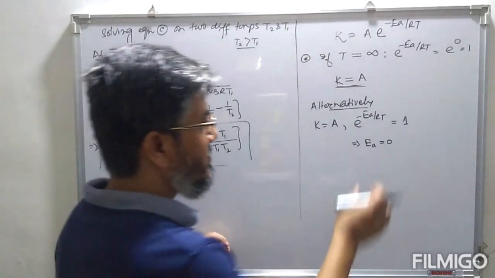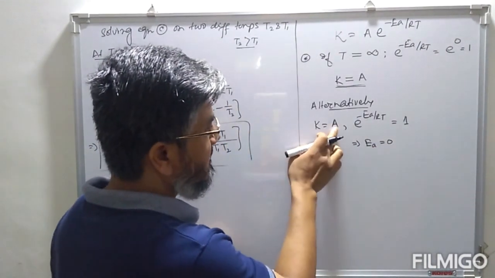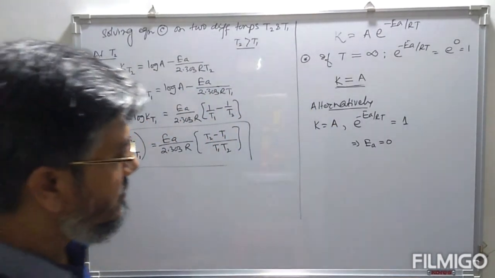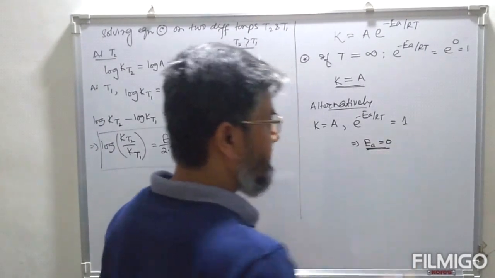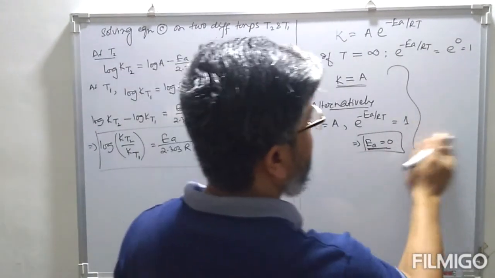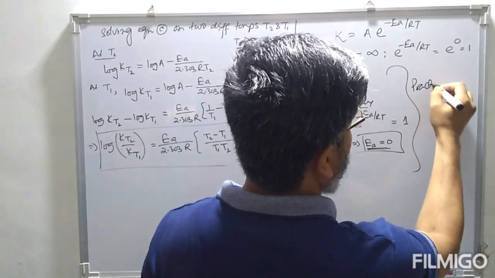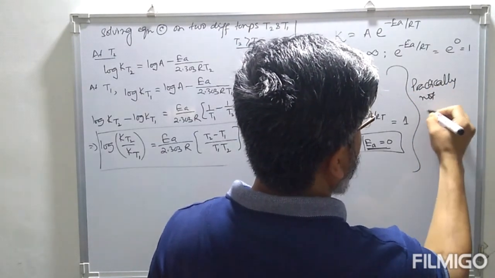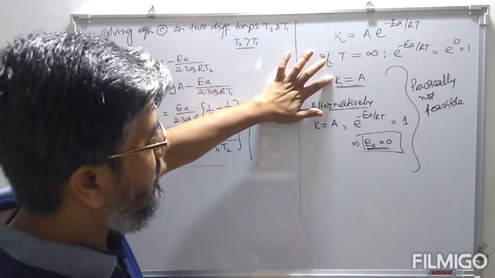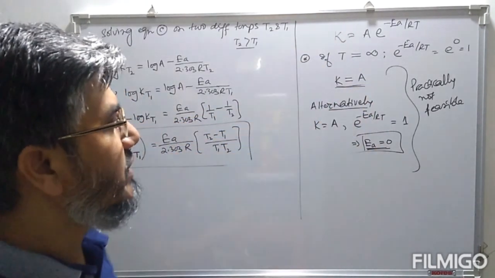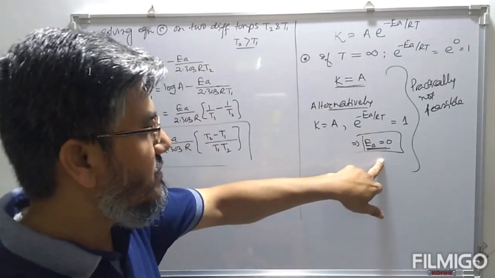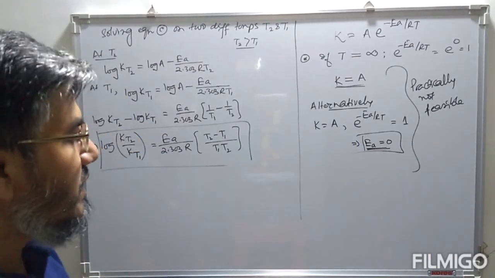That means if the activation energy of the reaction is 0, then also we can say the rate constant k is equal to the pre-exponential factor or the frequency factor. But for any given reaction, there is a certain finite value of activation energy. So the activation energy of any given reaction cannot be 0. So this is not practically feasible. That means the value of rate constant k will always be less than this pre-exponential factor. The maximum value it can reach is A, and for this the requirement is that the activation energy has to be 0, and for any given reaction activation energy cannot be 0.